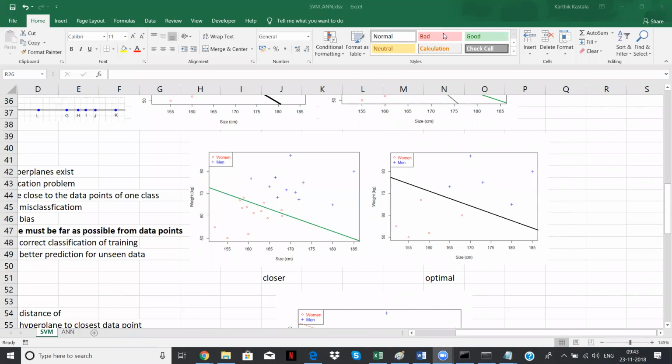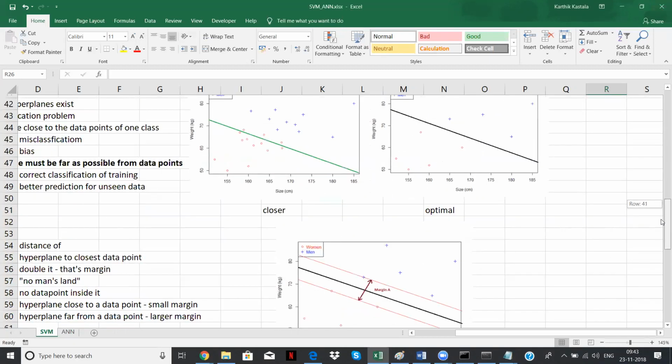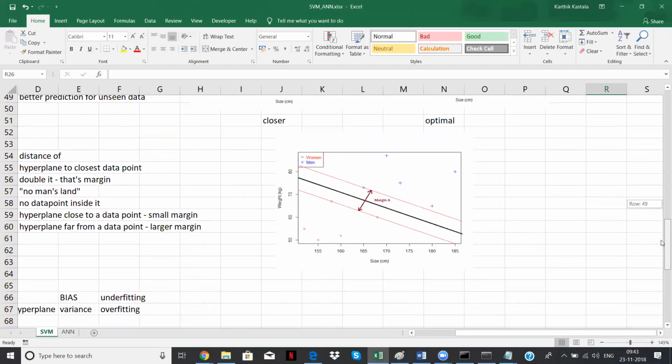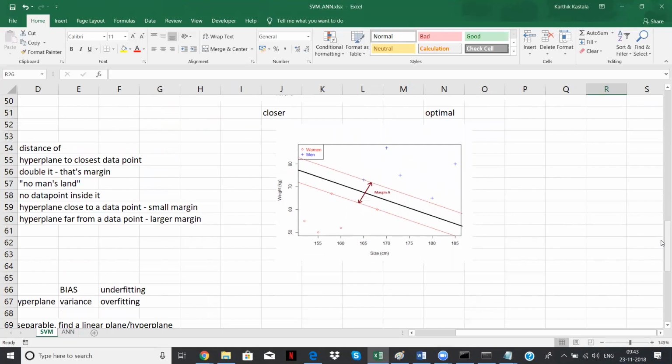You'll say this will win 120 seats plus or minus 10% error, or plus or minus 5% error. I hope you're able to understand what I'm saying. So likewise, in a support vector machine, a simple line is not enough.